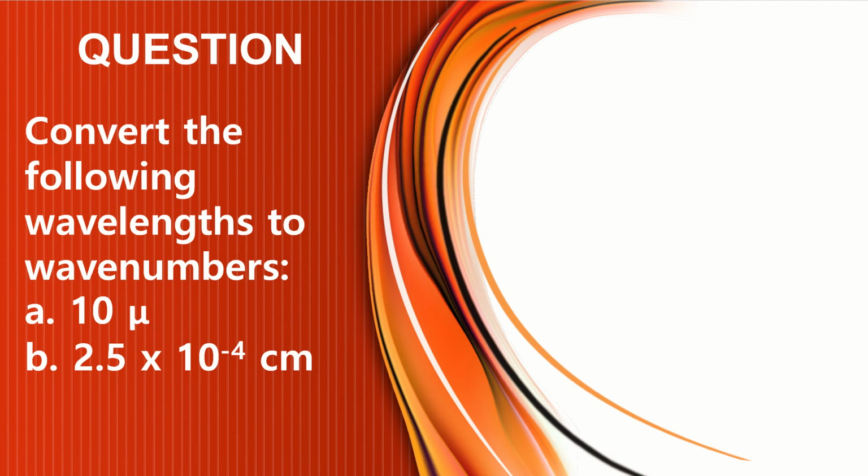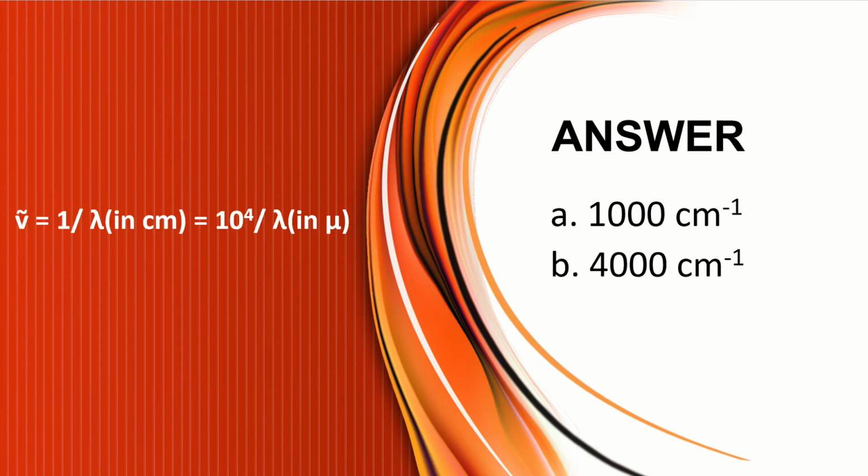All right, so let's look at the answer. If you plugged in the values in these equations and worked it out, you would have gotten 1,000 wave numbers for A and 4,000 wave numbers for B.